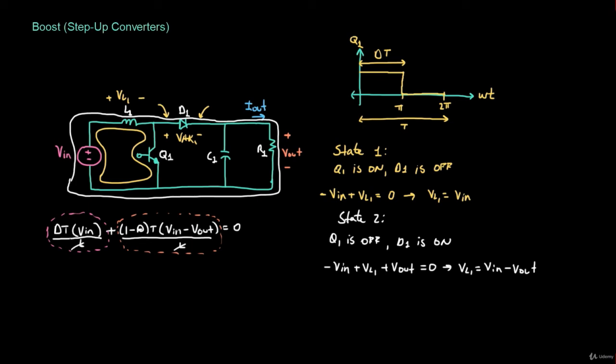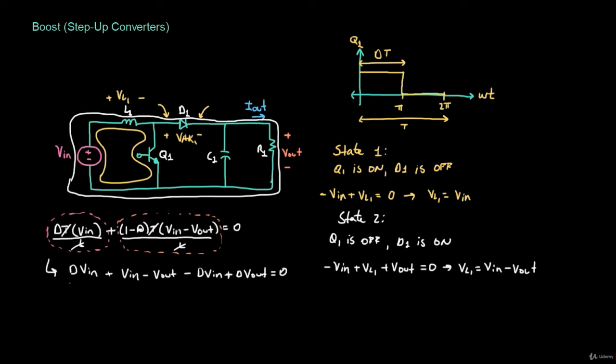So now if we distribute out the terms, and I'm also going to cancel out T from here and here, this equation would become D times Vin plus 1 times the term on the right, Vin minus Vout, so plus Vin minus Vout, and then distributing the D, so minus D Vin plus D Vout is going to be 0.